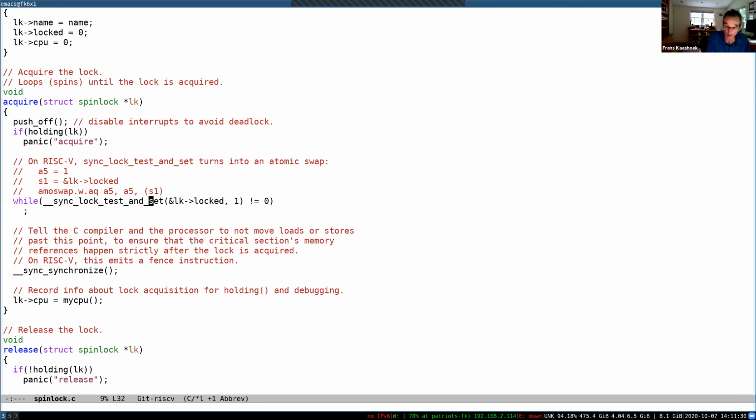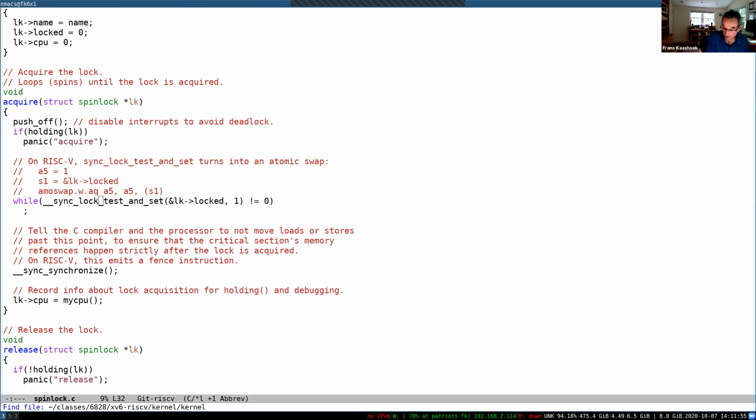The C standard has a function called sync lock test and set, and it specifies the behavior that I just described. Every processor is required to implement that behavior. And since most processors have a matching test and set hardware instruction, this turns out to be reasonably straightforward for a processor to implement.